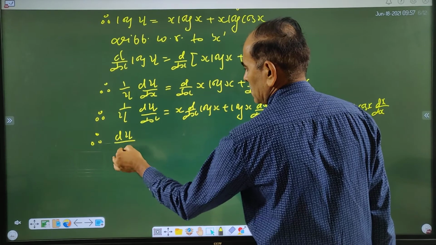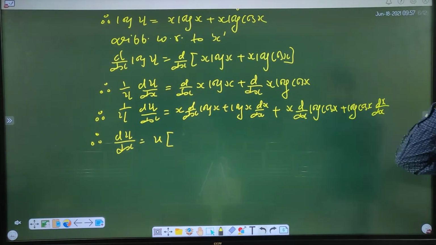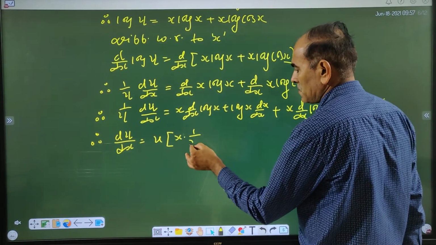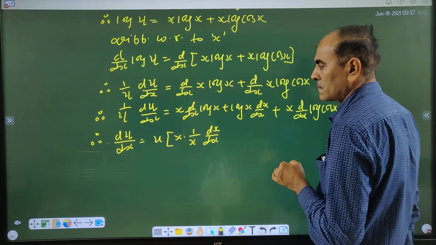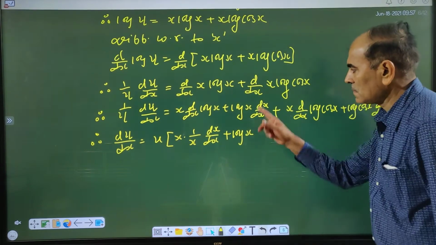And therefore du by dx is equal to u. Log of some function, 1 by some function, d by dx of some function. So here it comes out log cos x. This one is 1.